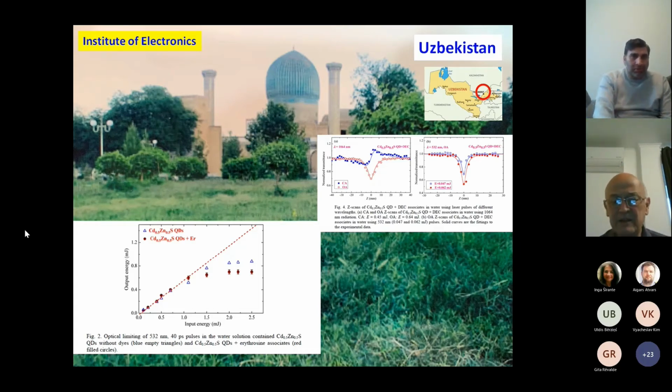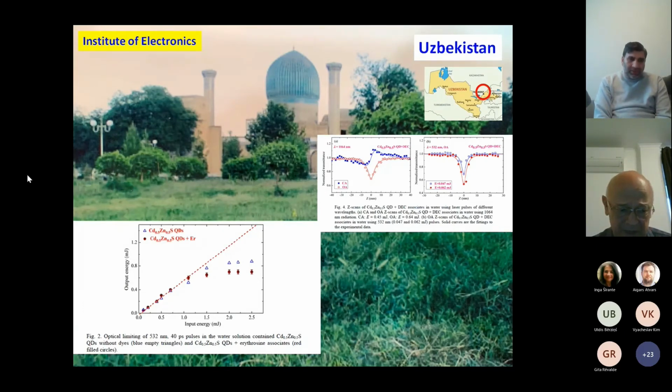Here I demonstrate enhancement of optical limiting: with an increase of the input pulse energy, the propagation stabilizes, and this quantum dot can be used for the optical limiting I told you about earlier.